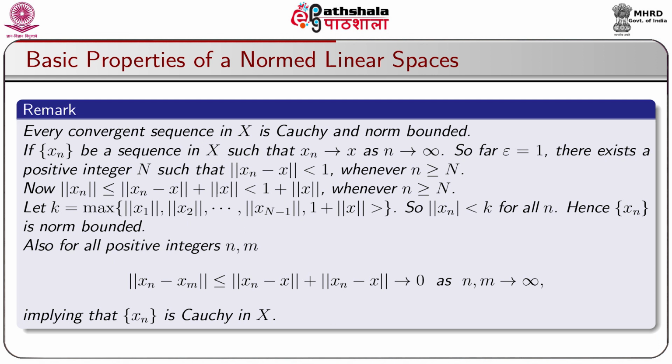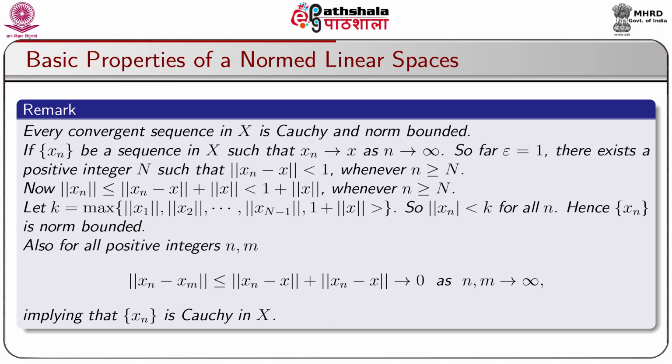This is done by the triangle inequality, and it is less than 1 plus norm of x whenever n is greater than or equal to N. Let k be the maximum of norm of x1, norm of x2, ..., norm of x_{N-1}, and 1 plus norm of x. So, norm of xn is less than or equal to k for all n. We can consider such a maximum value because this set is a finite set and every finite set has a maximum. Hence, the sequence xn is norm-bounded.